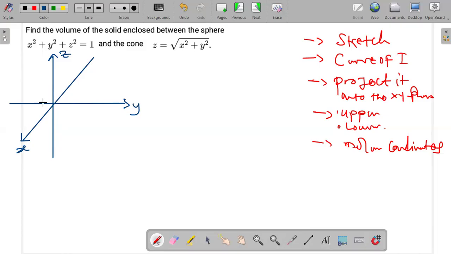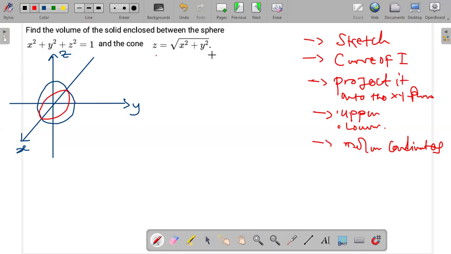Let me show it. So this is the sphere here. And then I have that circle on the floor that comes like this. So that would be my sphere. Okay, so we can keep it there.